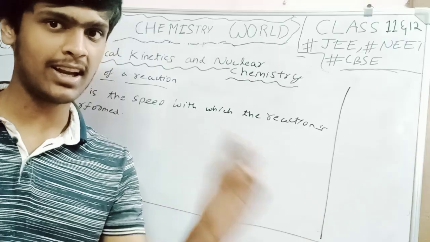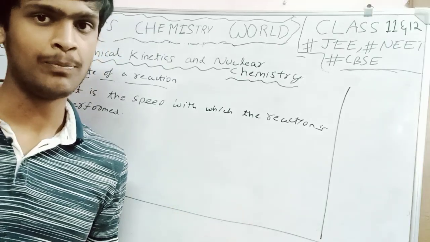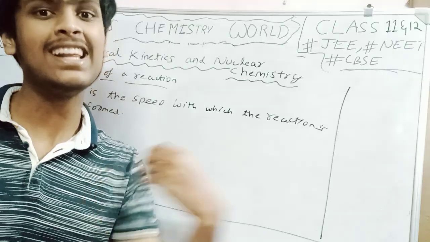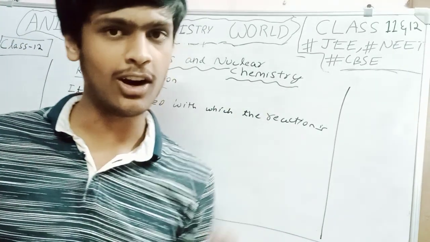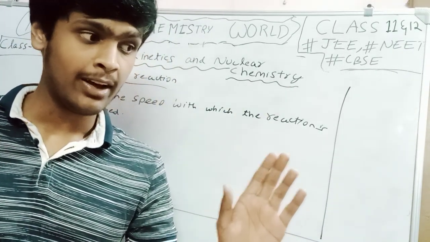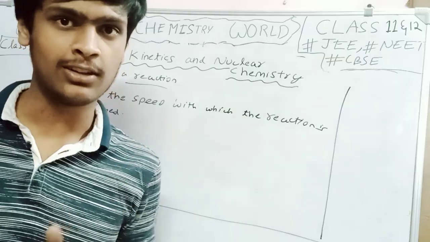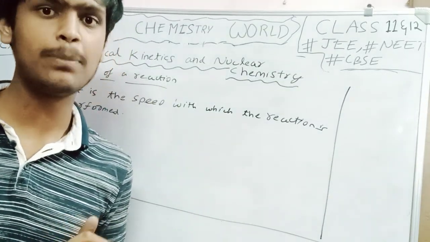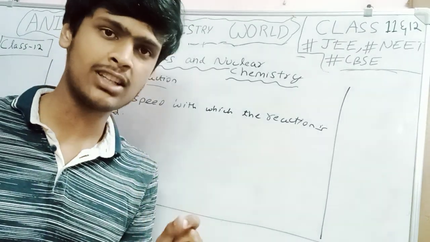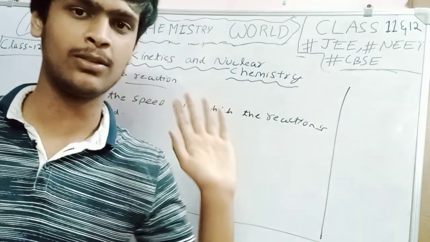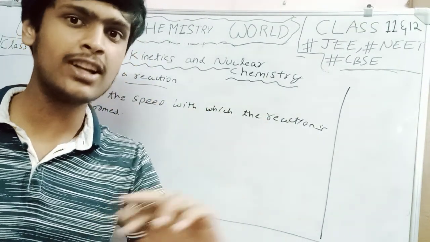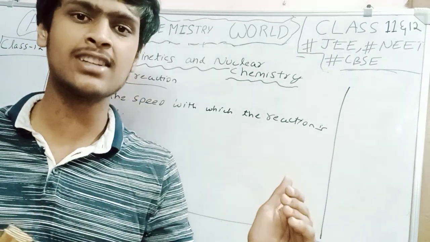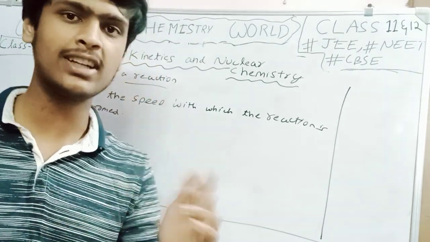You kept one sodium metal. It readily reacts with the oxygen present in the atmosphere, meaning the reactivity it has is very high. If you take carbon decaying, it's a process that takes years and years to complete. This is the difference you need to observe in the rate of reaction. The rate of reaction can be either very fast or very slow, depending on the type of reaction.